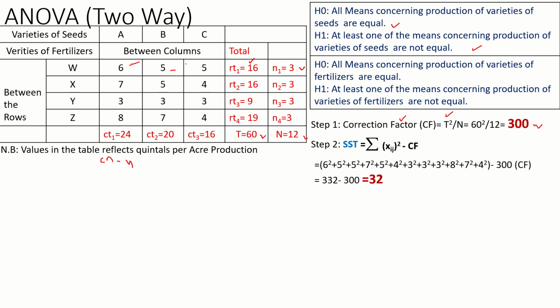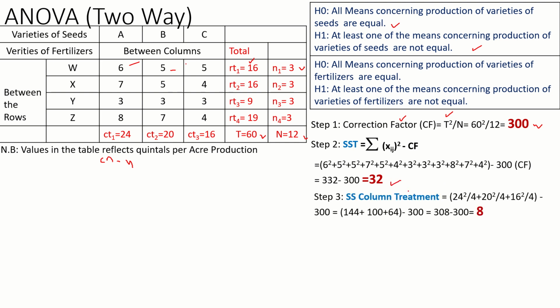So we have taken the square of all these 12 values and minus the correction factor: 6 square plus 5 square plus 5 square plus 7 square plus 5 square plus 4 square plus 3 square plus 3 square plus 3 square plus 8 square plus 7 square, and so on. All the value squares are summed up, and this is SST, the sum of squares total.